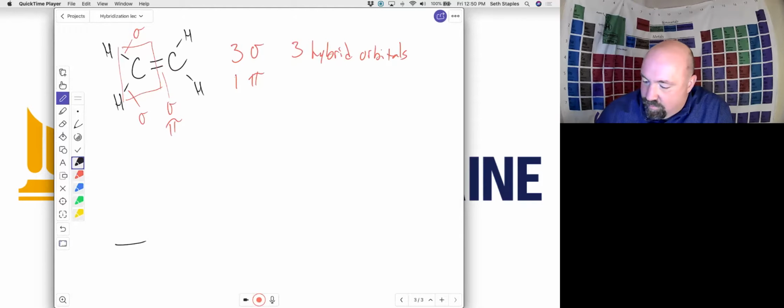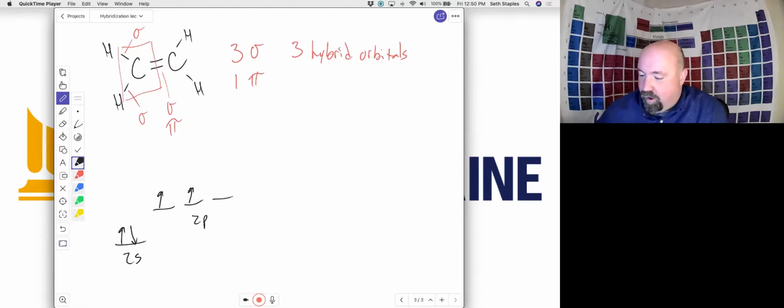Let's draw our orbital diagram just like we had before. Here's our 2s and our 2p orbitals. This is what carbon would look like alone before it bonds. But now it's going to hybridize. When hybridization occurs, we'll always take an s orbital, always, always, always, and then we'll take the number of p's that we need in order to form our 3 hybrid orbitals.